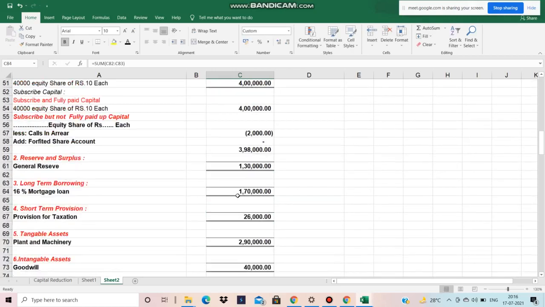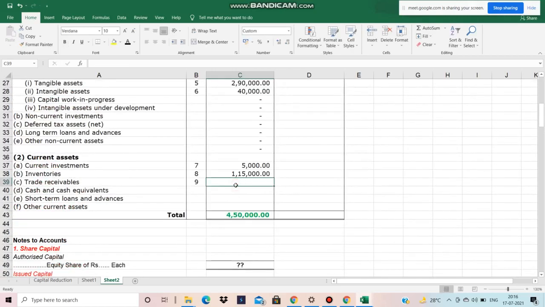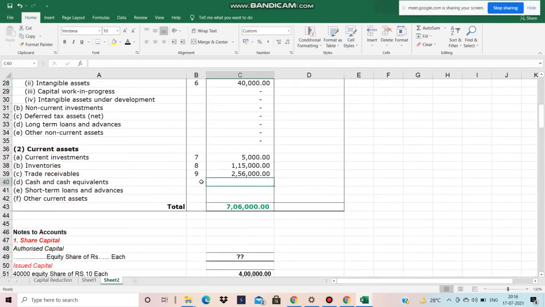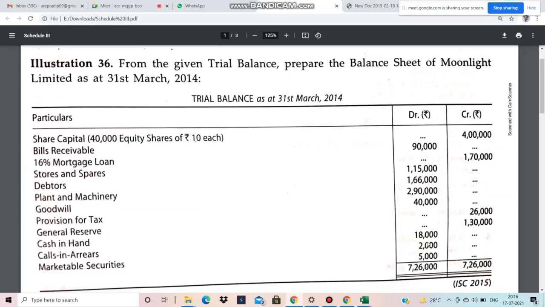So it became 2,56,000. There is cash in hand. Cash and cash equivalent means the cash in hand, cash at bank. So the cash in hand, cash at bank are there, 18,000 and 2,000. No, sorry, only the cash in hand is there.